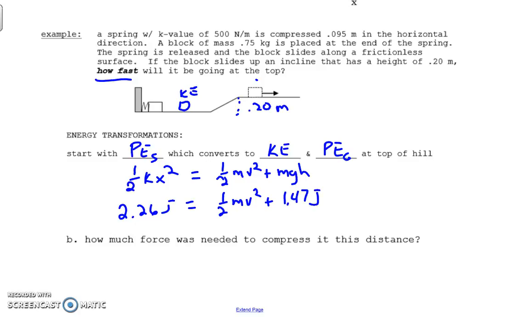Okay, so we can see that 1/2 mv squared is going to be the difference between how much energy we started with and how much is stored in gravitational potential. So that's going to be 0.79 joules. Hopefully I've done my subtraction correctly. And if we solve for velocity, which isn't too hard here, we see it's going to be going 1.45 meters per second. Okay, so it's a pretty straightforward problem if you understand the energy transformations.